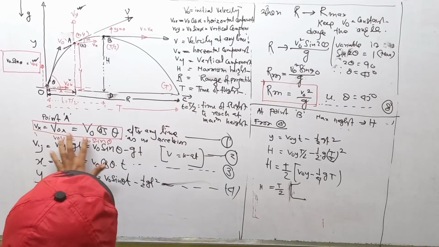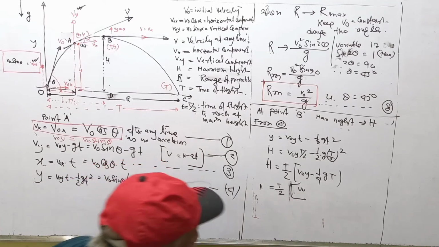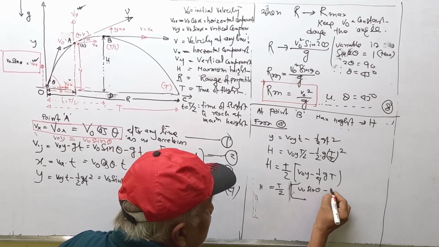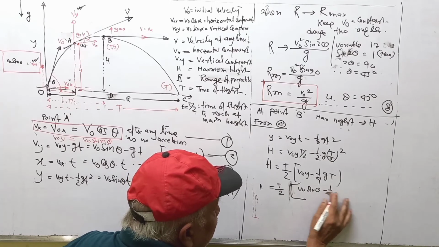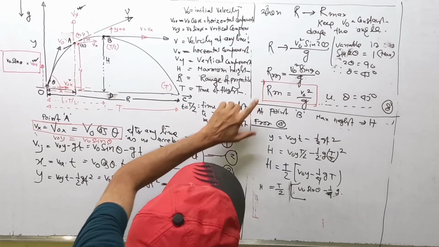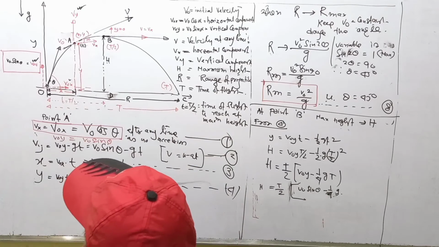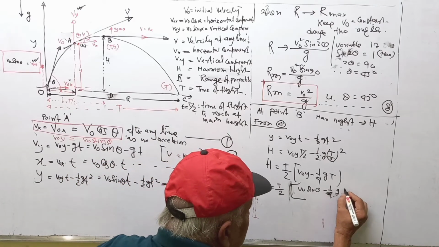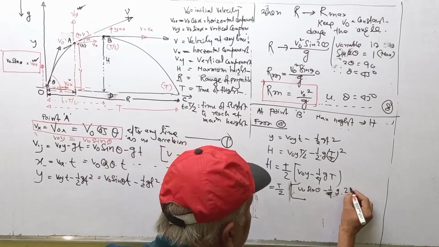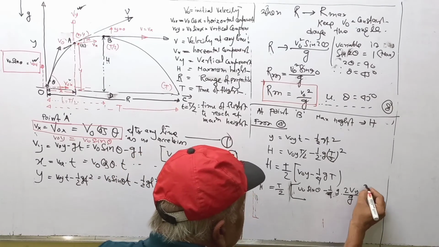Now we write h equal to t by 2 into v0y minus g t by 4. What is the t value? t equal to 2 v0y by g.